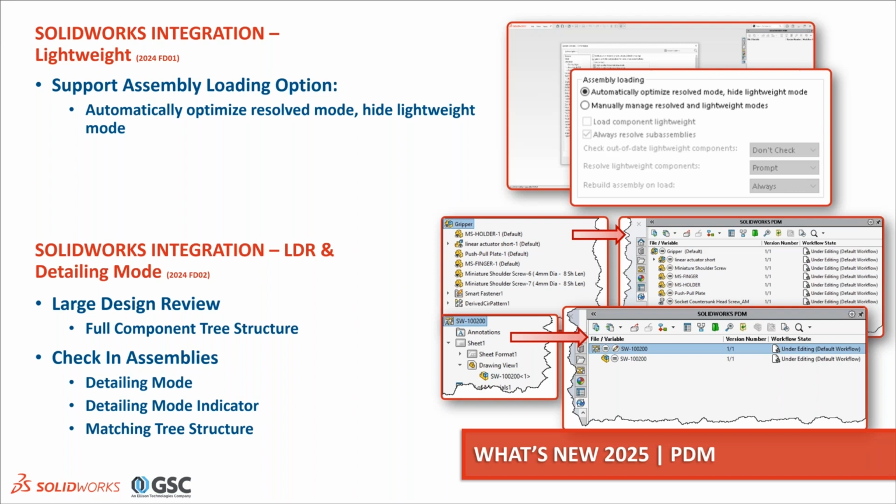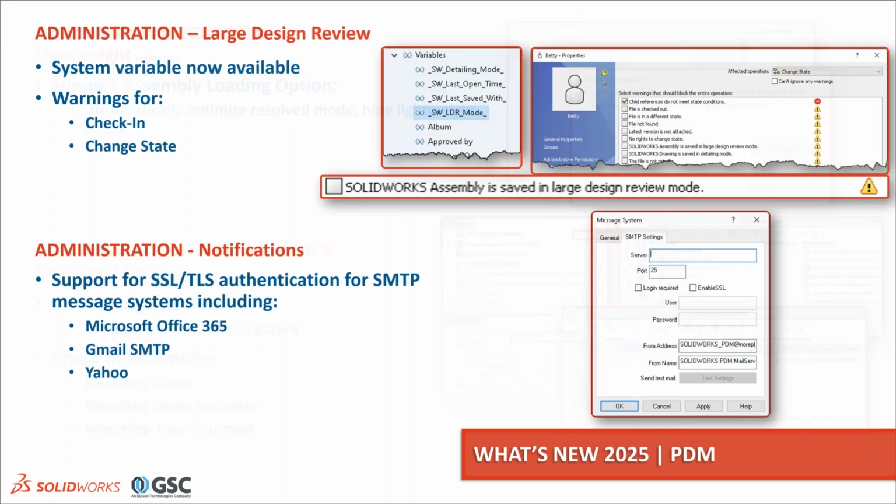For drawings, detailing mode, you have an indicator that the drawing is in detailing mode, tree structures match, all those kind of things are buttoned up here, as well as now there's a system variable to just be available. So if you want to have a warning that people are checking in or changing state on something that's in LDR mode, it'll give you that option if you want to do that.